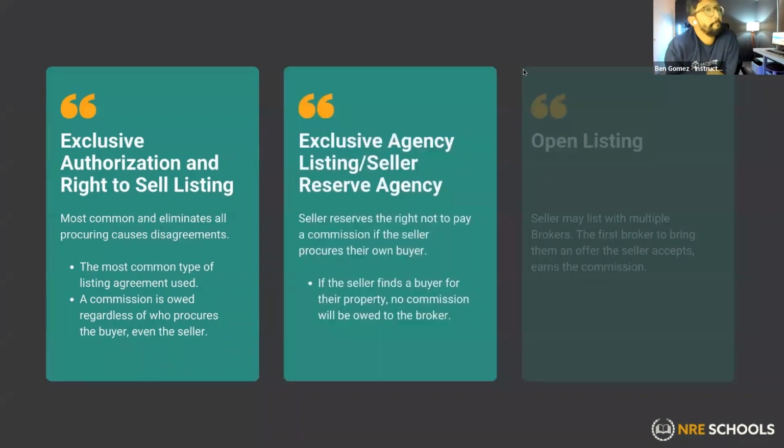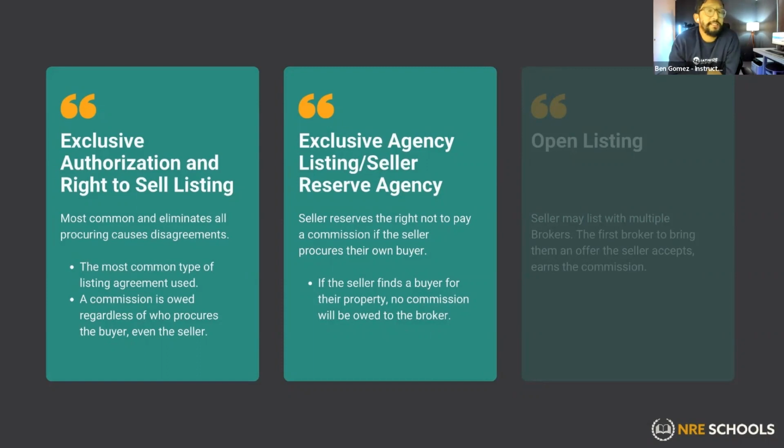Same exact example, but this one is exclusive agency. Exclusive agency, listing seller reserve agency. This listing agreement reserves the seller's right to not pay a commission if the seller procures her own buyer.